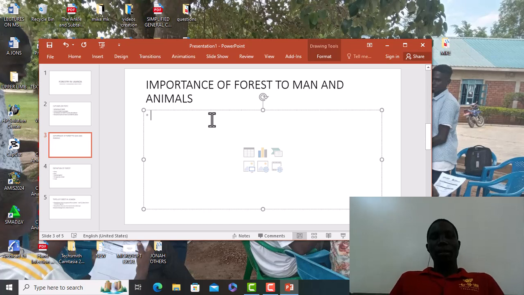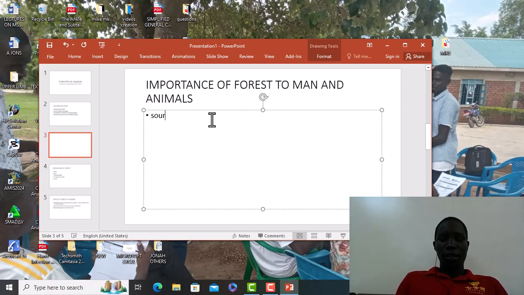So one, we can see that we can obtain food. Mostly like we can see the mangoes, plus other fruits. We can get the guavas and even other vegetables. We can easily obtain them from the forest.